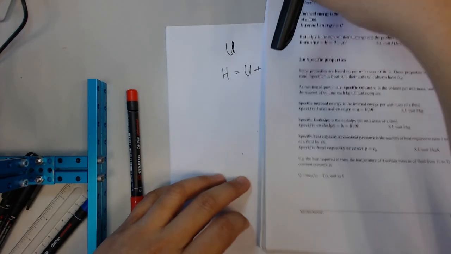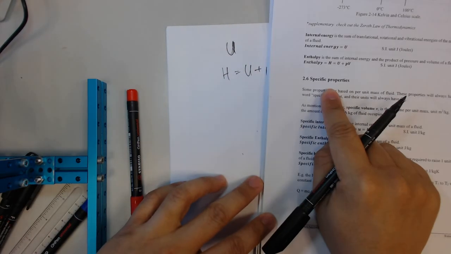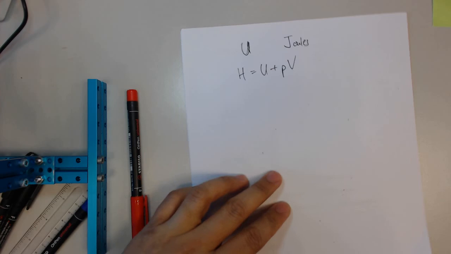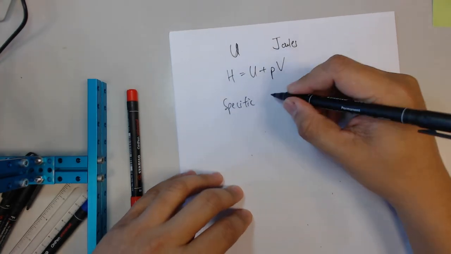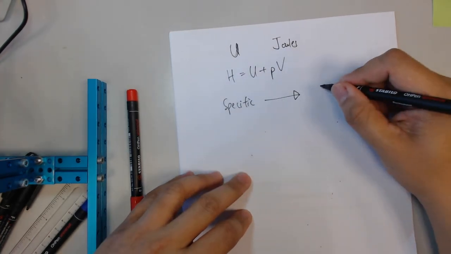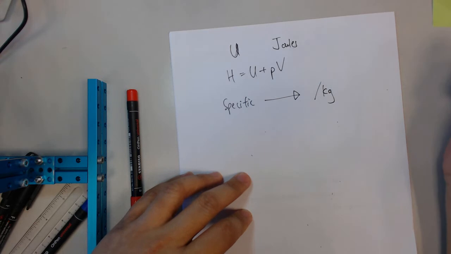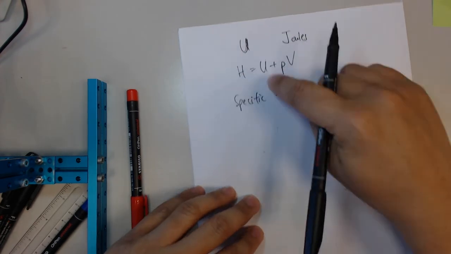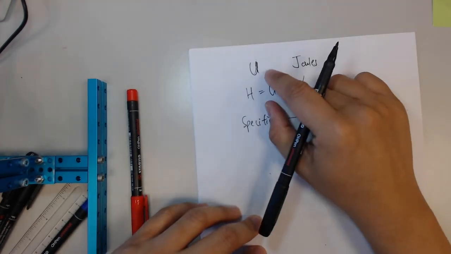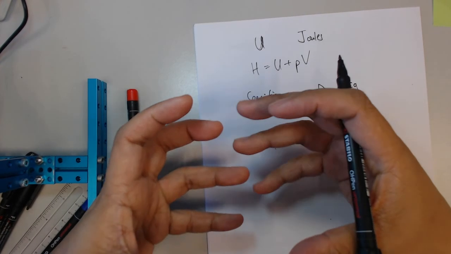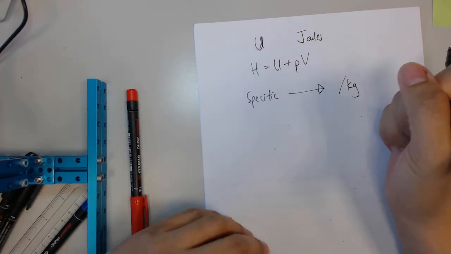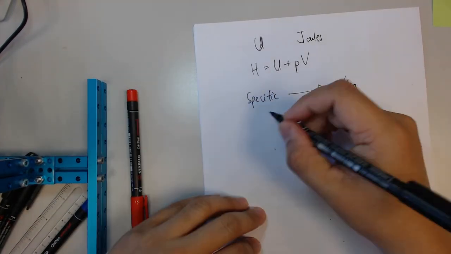And in the last section, we talk about specific properties. Every time you see the word specific, you need to straight away relate it to a per kilogram basis, meaning that whatever property you're looking at, you divide by the mass of the system. Imagine I have a container of, let's say, 2 kilograms of air.